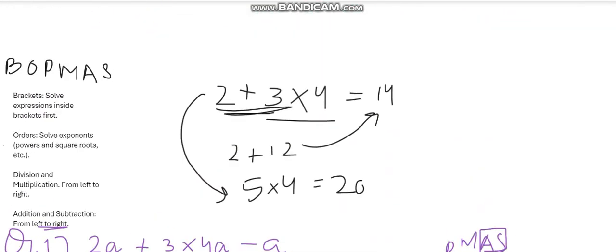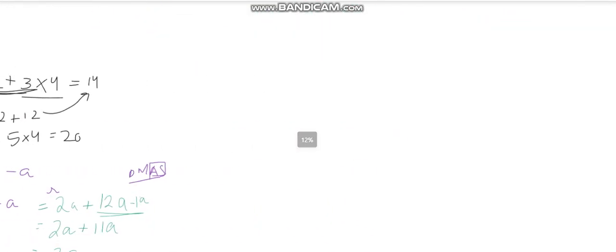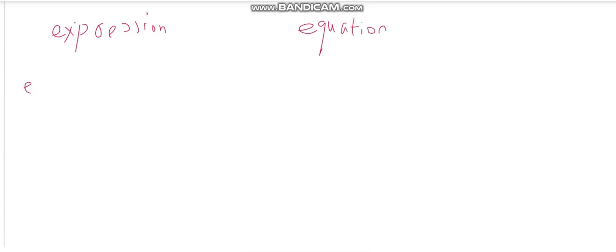Let's add a separation line here. So we have expression and we have equation. An expression is when we have something, for example, 4a plus 3a times 4a.